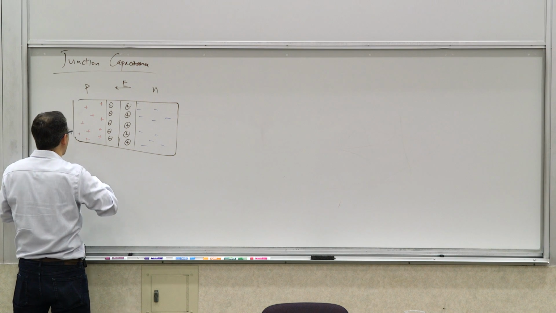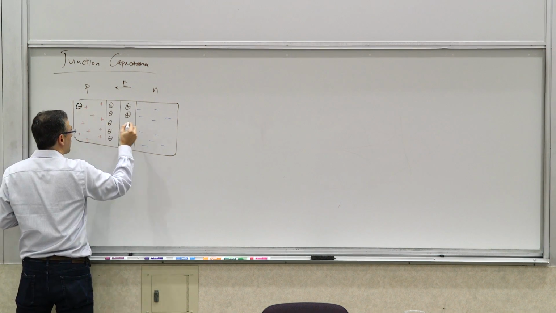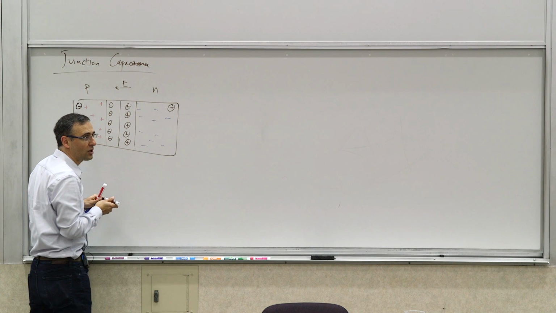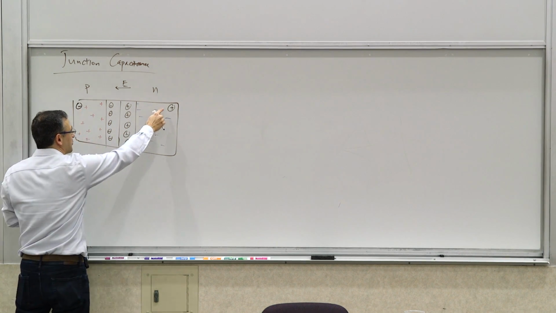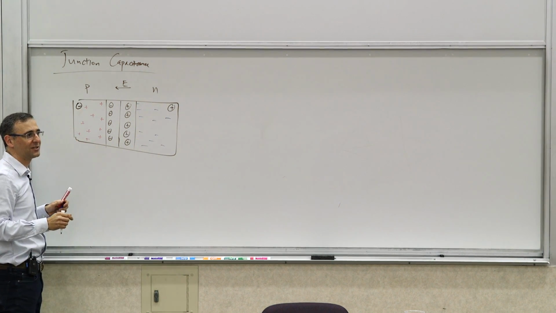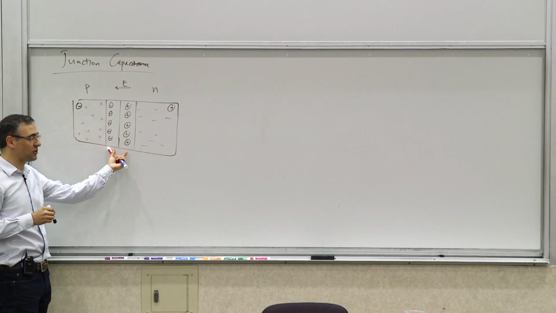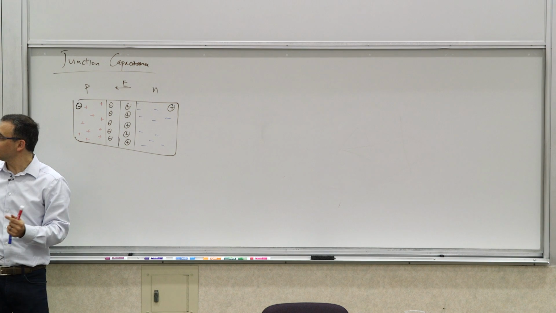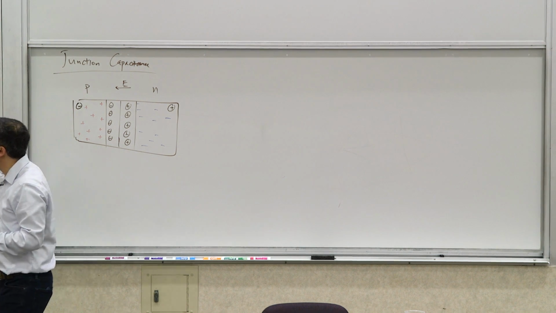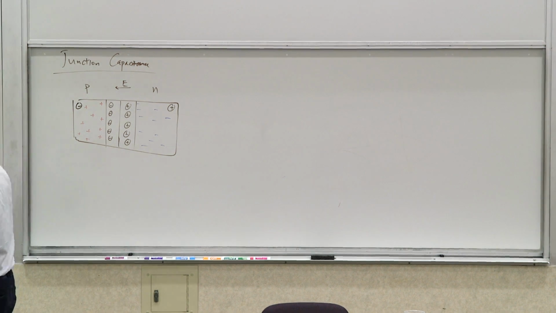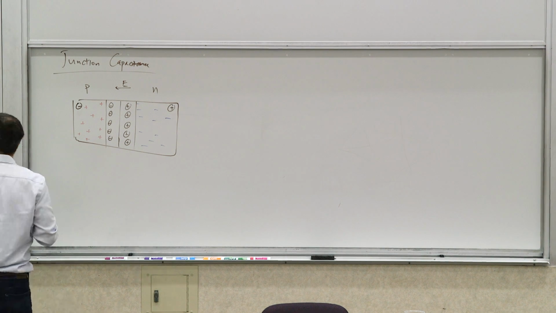So what else you have here is negatively charged ions here and positively charged ions throughout this region. I just don't want to draw every single one of them again. But in the depletion region, that's correct, and it's actually consistent with the picture you had there, right?